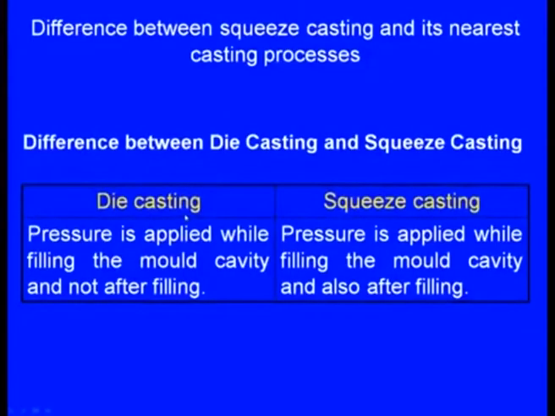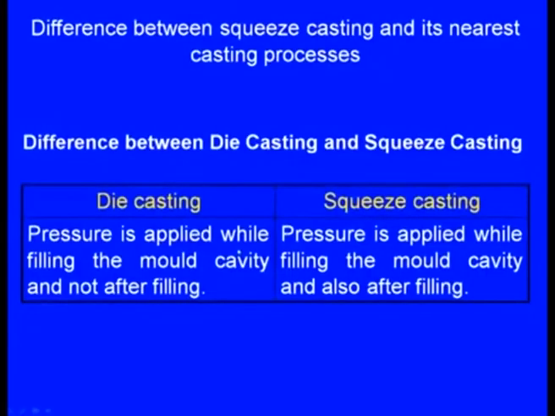First, let us see the difference between die casting and squeeze casting. In die casting, pressure is applied while filling the mould cavity and not after filling. Here also we use a metallic mould, and in squeeze casting also we use a metallic mould, but in die casting, pressure is applied only as long as the molten metal is being filled inside the cavity.